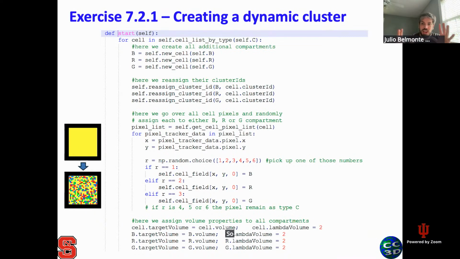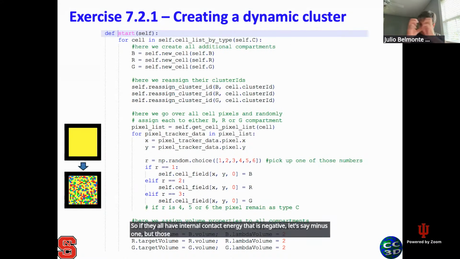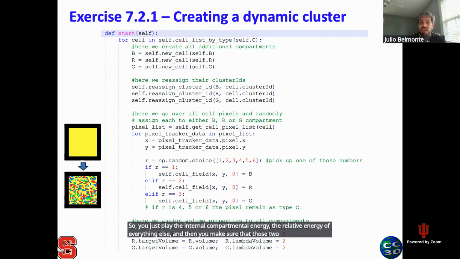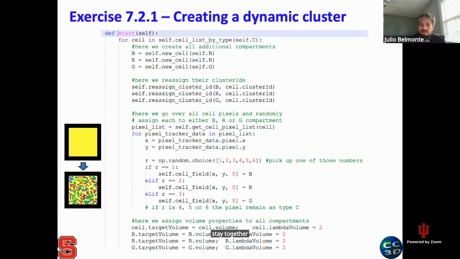So if they all have an internal contact energy that is negative, let's say -1, but those two compartments actually have to be together with one another, then you assign the internal energy to be -5, okay? So you just play with the relative internal compartment energies, and then you make sure that those two actually stay together.